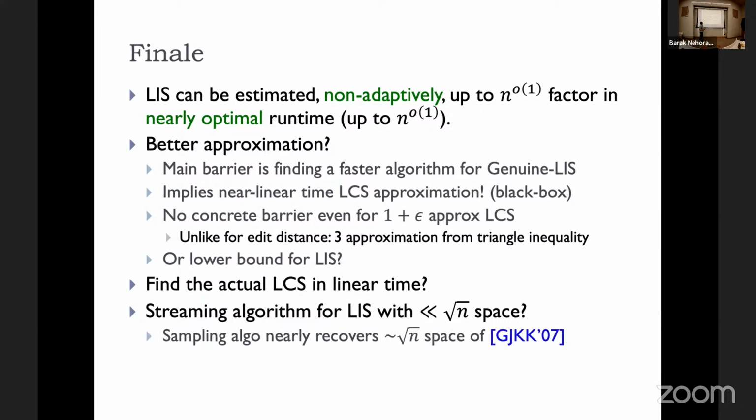It is known that you can get root n space and approximate it up to a one plus epsilon approximation. Our algorithm gets a much worse approximation, obviously, but still some polynomial, and still about the same space, and it does so simply by sampling. So it would be interesting to see if we can use the new ideas for LIS to somehow improve the streaming algorithm.